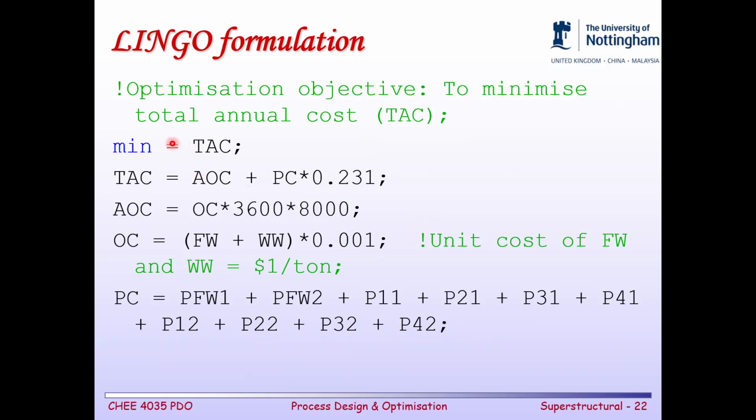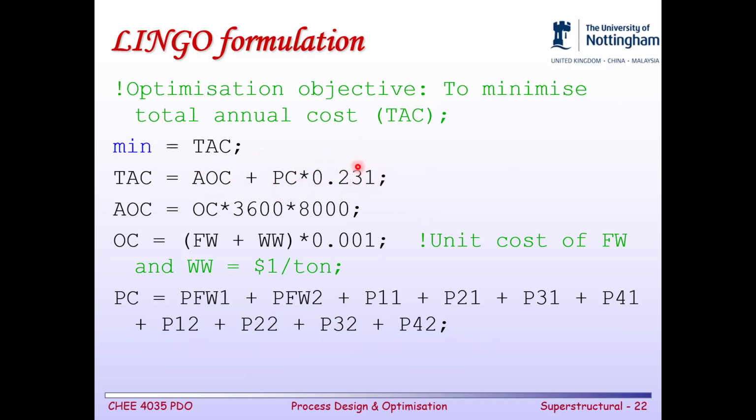Again, the objective function is to minimize the total annual cost. And the total annual cost is the annual operating cost, this is for the fresh water and wastewater treatment, plus the piping cost multiplied by the annualizing factor.